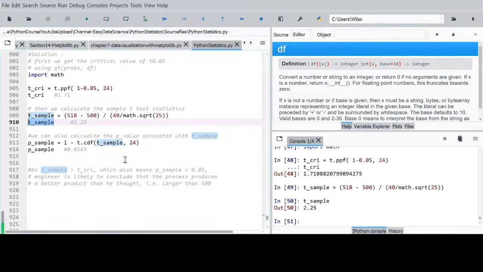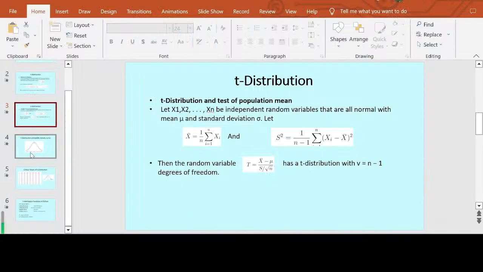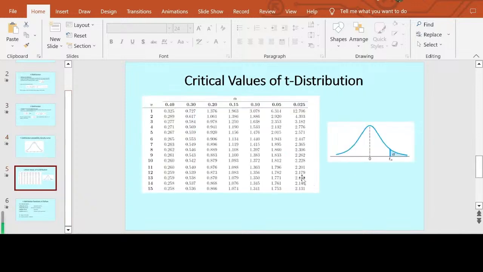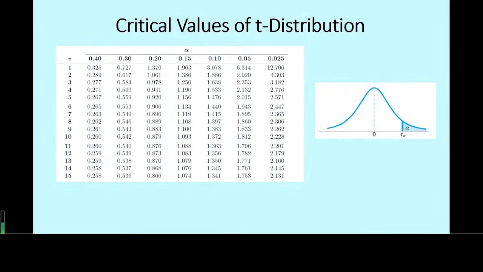So we can do another step from this t sample. So this is the sample test statistic. We can also get the p value. So t sample is here. This is the t critical value for the test. The t sample, because 2.25 is almost here.